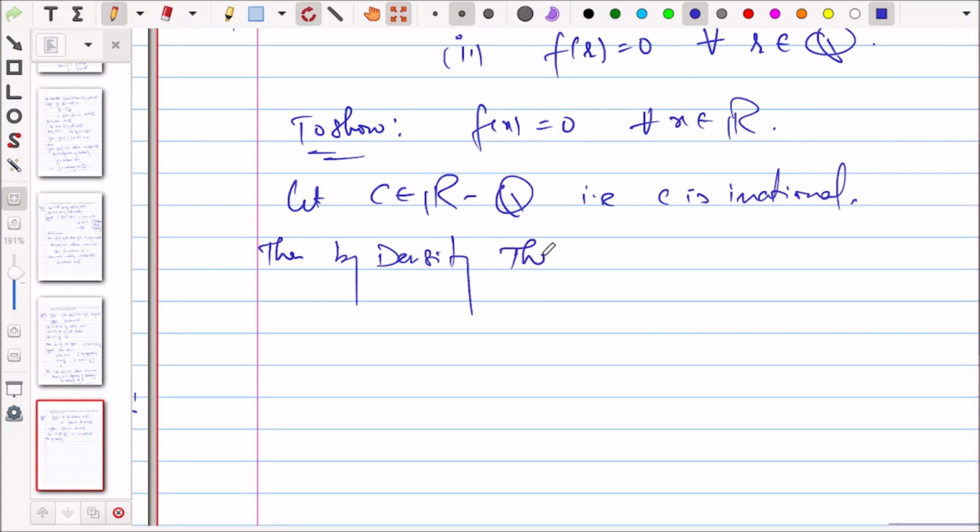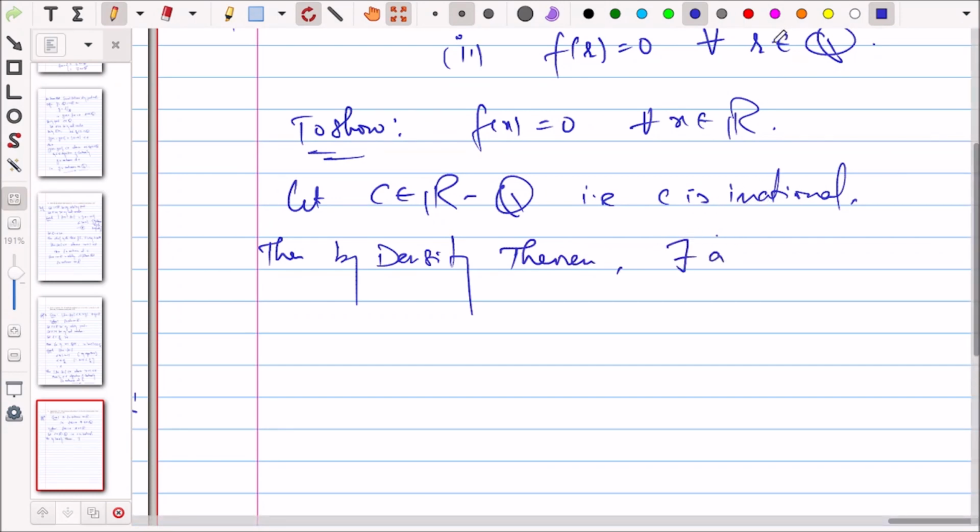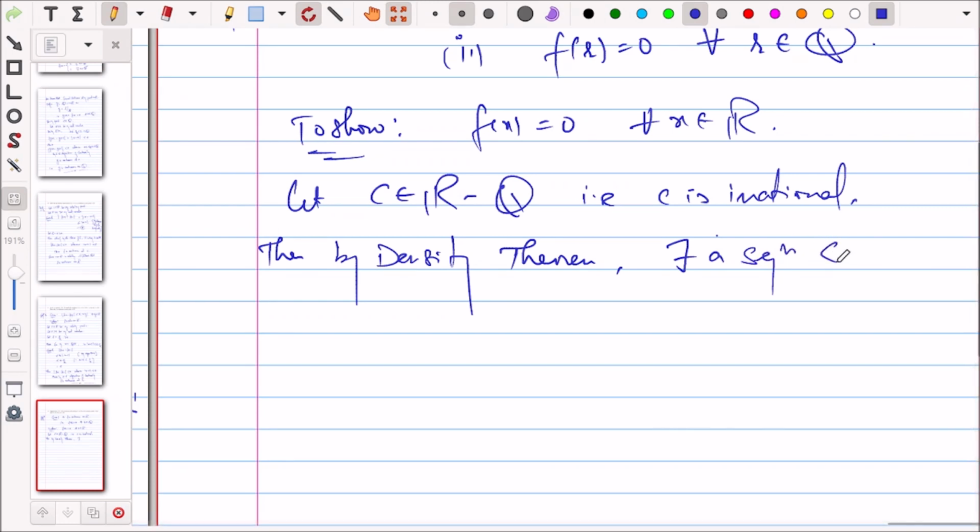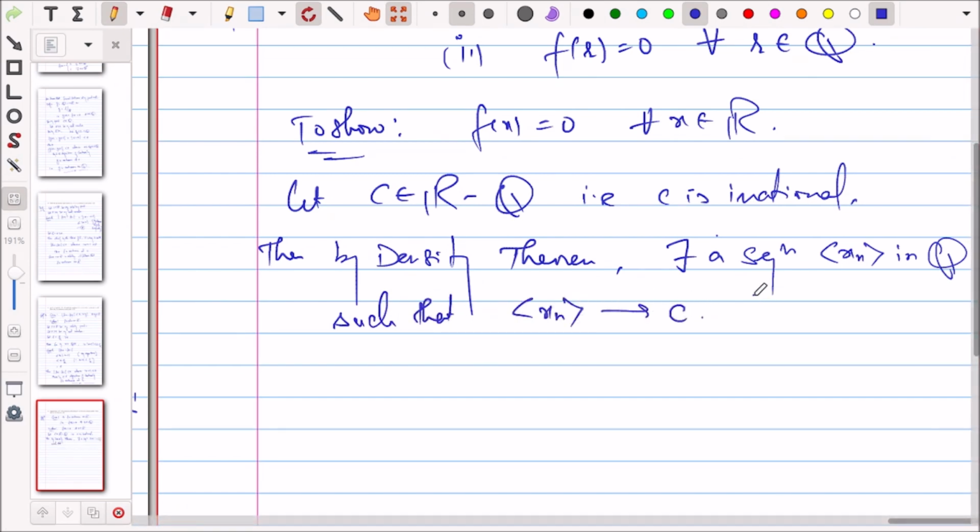Here we need only the set of rationals, so there exists a sequence x_n in Q such that x_n converges to c. So now we have a sequence of rationals that converges to c.